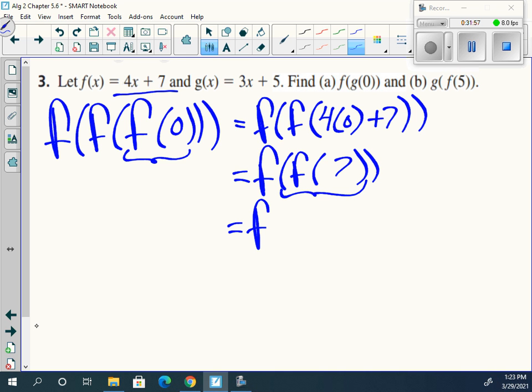All right, now we're going to do it again with f of 7. So we're going to plug 7 into f of x. Wherever there's an x, we're plugging in 7. So now we're going to have 4 times 7 plus 7.